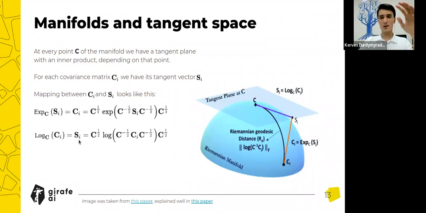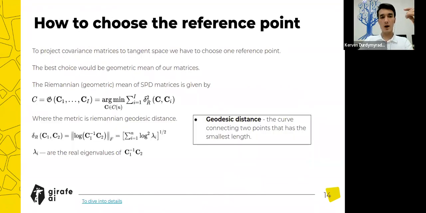The proof or detailed explanation can be found in these links; I just put the formula on our slide. By using the second formula, Si is computed from the reference point and our Ci. In basic words, we are just converting our covariance matrix to the vector form Si in the tangent plane.